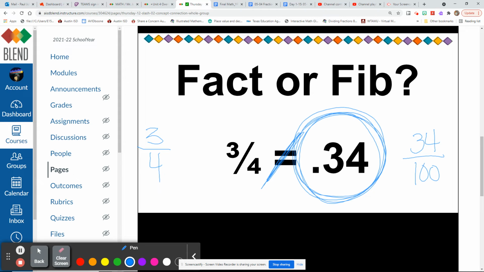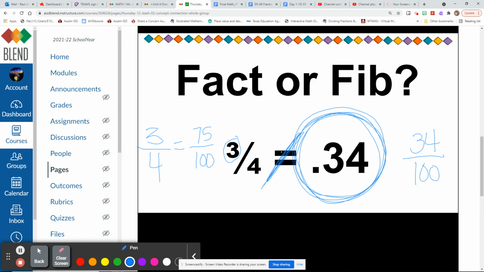That's a common mistake. Sometimes when we forget about decimals and then go back to fractions, we start thinking, oh, we read it 0.34, so it's 3/4. That's another place where saying it the wrong way will get you in trouble. Don't say 0.34 because that kind of sounds like 3/4, where 34 hundredths does not sound like 3/4 at all. 3/4 would actually be 75 hundredths.